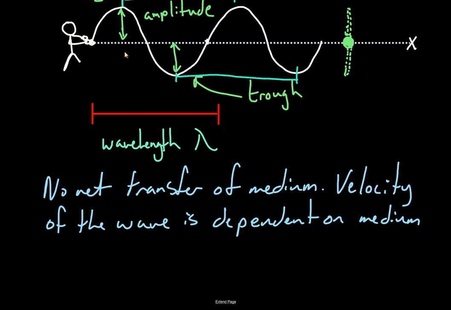If this were a guitar string or a spring, if the tension is kept constant, the velocity of the waves will stay constant, even if the amplitude is reduced. You have a lower amplitude, which means the person is putting less energy in per unit time, but the velocity will stay the same. So the velocity is set by the medium. The other things can change. Frequency can change, wavelength can change, but velocity is set by the medium.